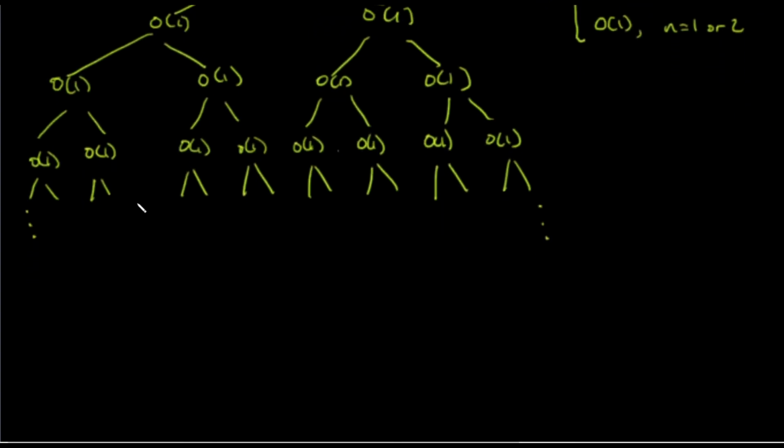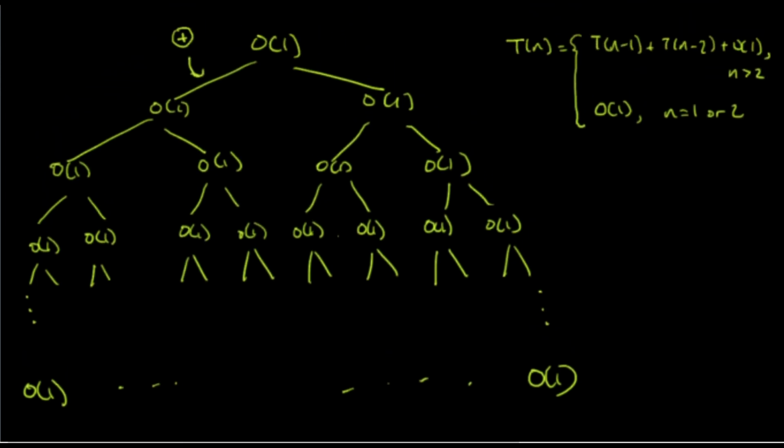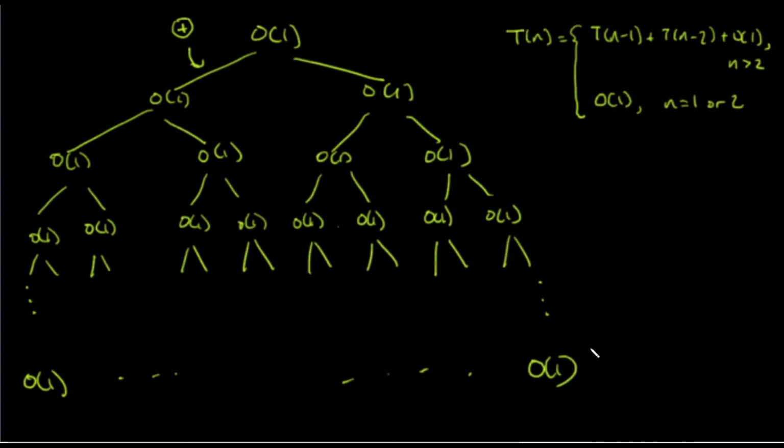In other words, at some point at the bottom of our tree, we're going to get all O of 1s. And where it stops is what we have to figure out now. Just like we did with the factorial, we want to figure out the height of this tree.